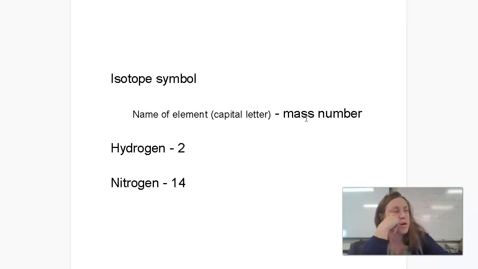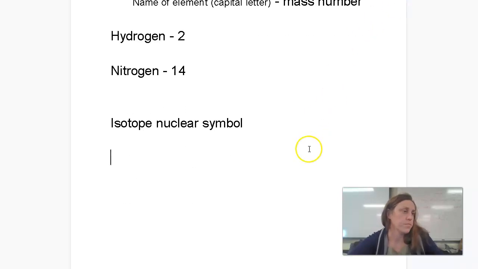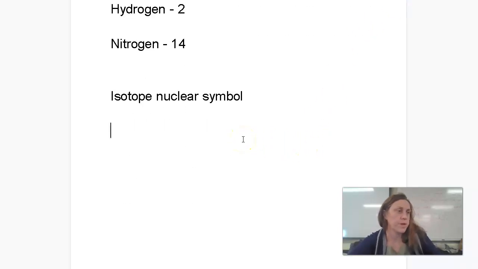Now this next part I'm going to have to draw because it gets a little bit cranky. Okay? So we have the isotope nuclear symbol. Okay? So I'm going to scroll down here. So basically, you're going to have a superscript.